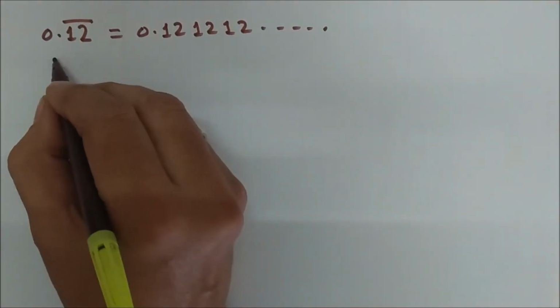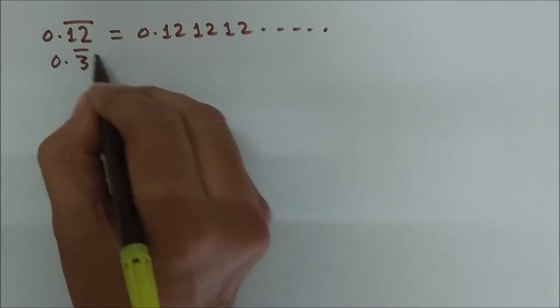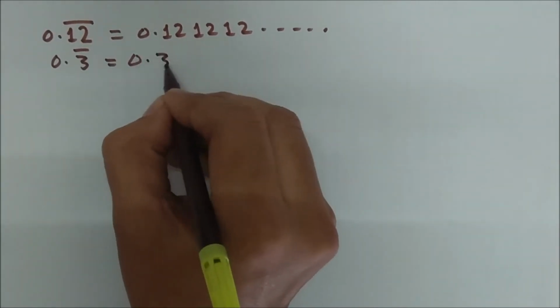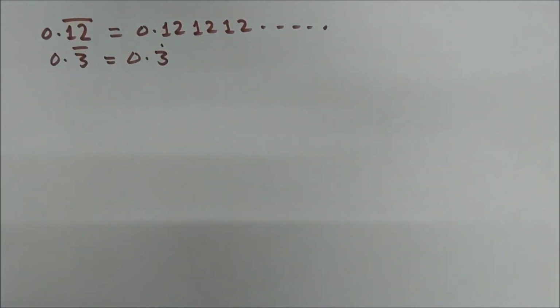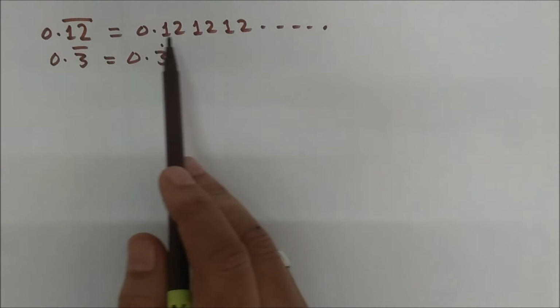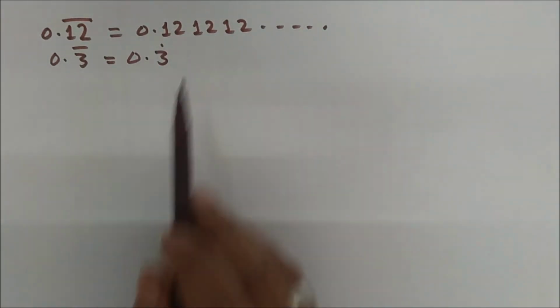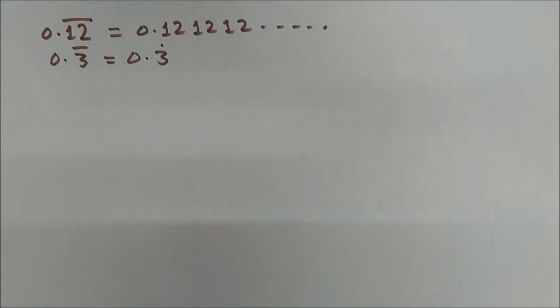In most books 0.3 bar is generally written as 0.3 with a dot. But this dot notation fails to address the situation where the recurring decimal periodically comes in many-digit forms like 0.12, 0.12, 0.12. You cannot put a point on both of them. You don't know which digit is recurring.